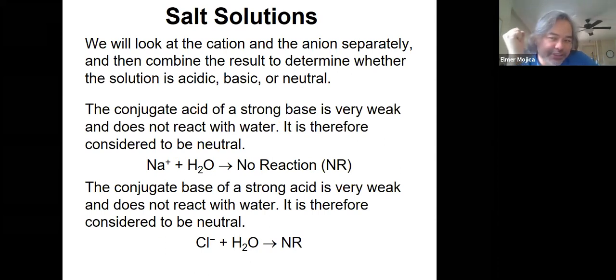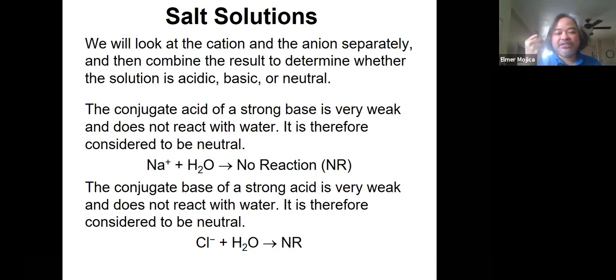And usually they came from acids and bases. We could say that if we look at the cation and anion separately, it was a product of the dissociation of an acid or a base. And depending on the source of this cation and anion, the resulting solution will be dictated by the source where it came from.